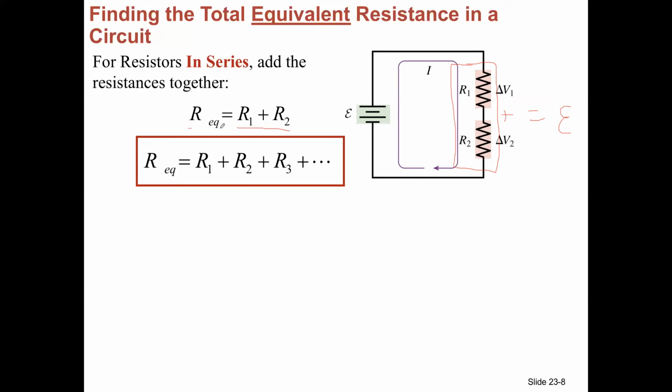And we call that the equivalent resistor or equivalent resistance. This works for however many resistors you have in series as well. Whether you have 3 or 4 in a line like this, you can always take them and replace them with one resistor with a resistance equal to their sum. And that allows you to simplify the math a bit when you're solving for the current in circuits, so on and so forth.